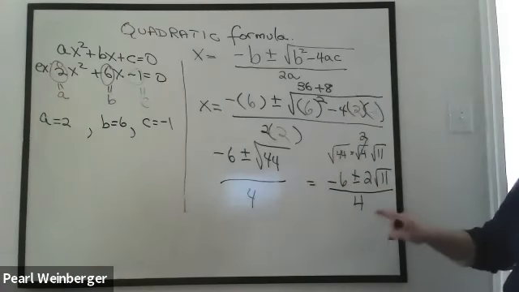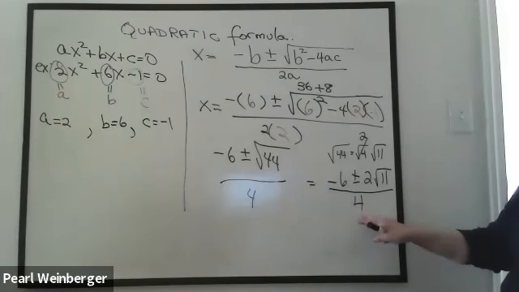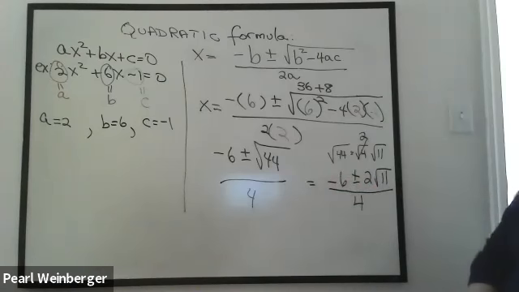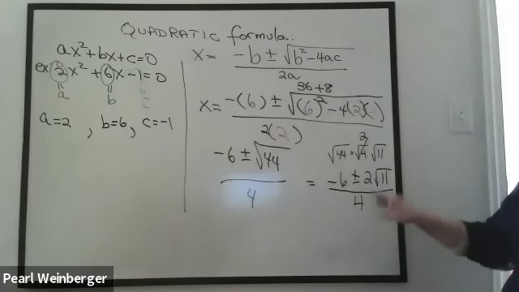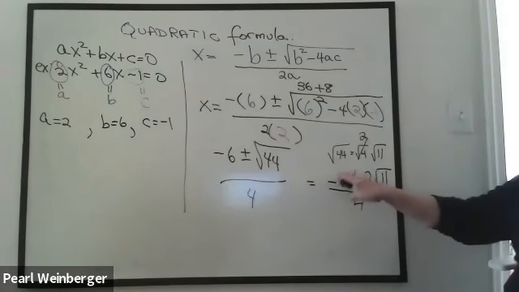And the only thing I want to do now is see if I can reduce this. And I see my denominator is 4. Is there any number that goes into 4 that also goes into both terms, the -6 and the 2 radical 11? And if you think about it, 2 goes into all 3 of those numbers.